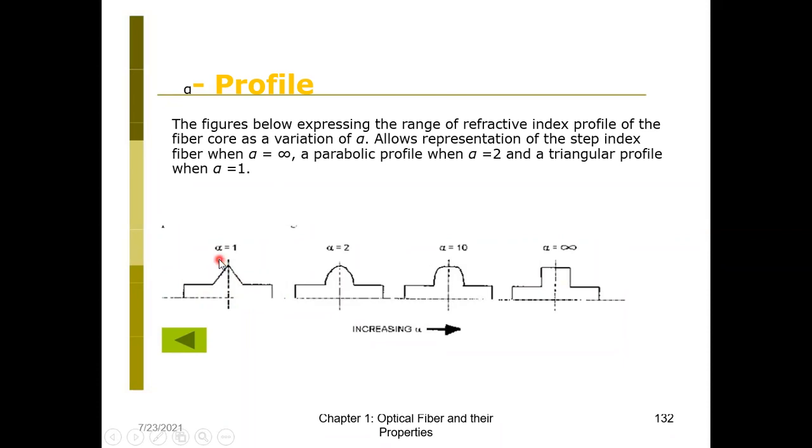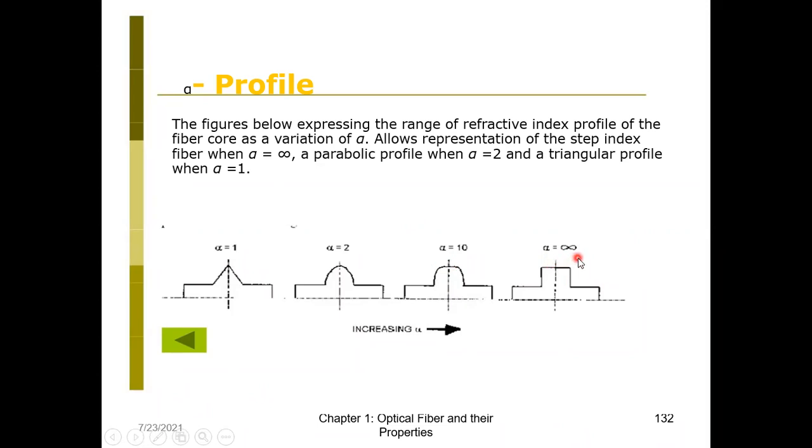When my alpha is equal to 1, at that time I get a triangle. When I increase alpha to 2, I get this type of profile. As I'm increasing alpha, you can see the edges approach the square. At alpha equal to 10, I am having this shape.